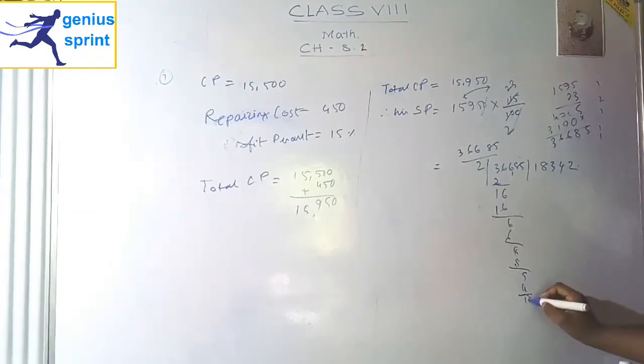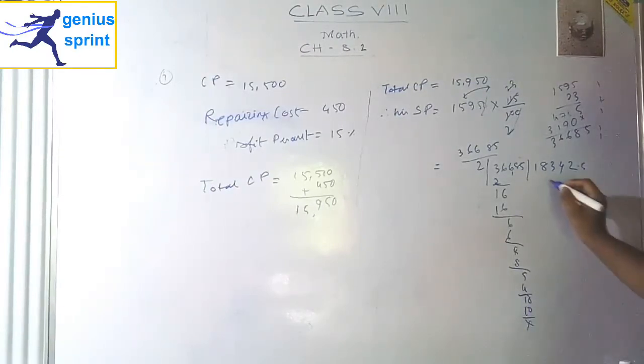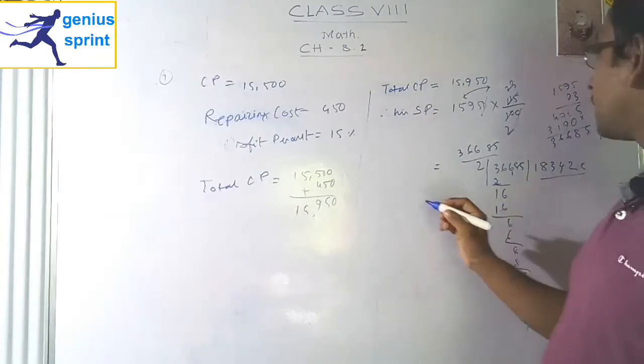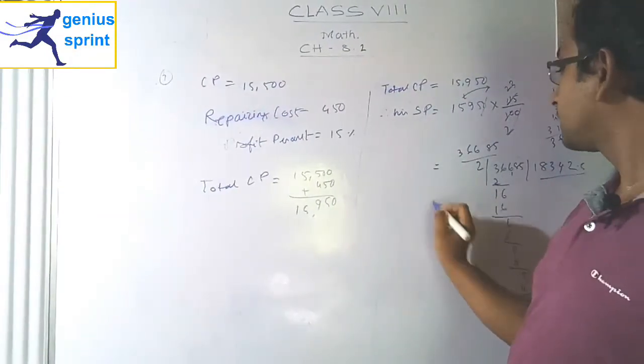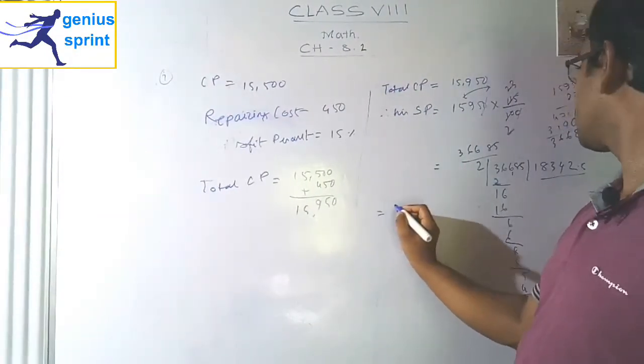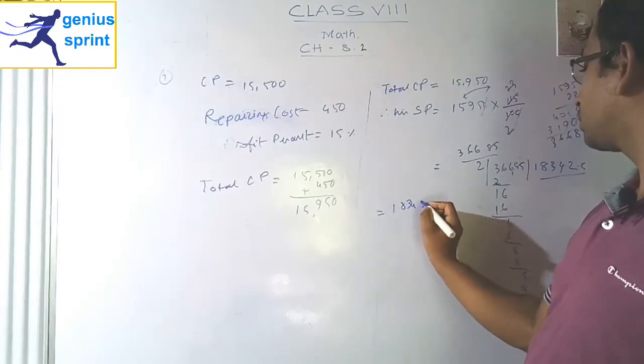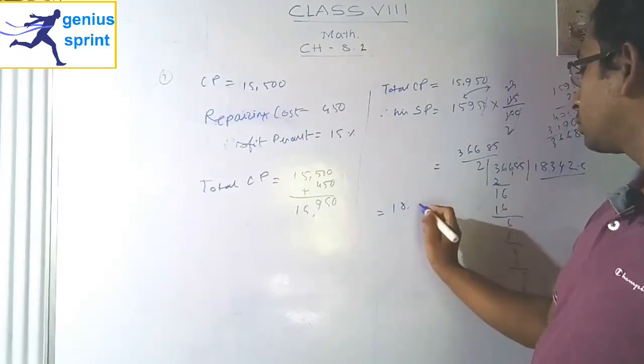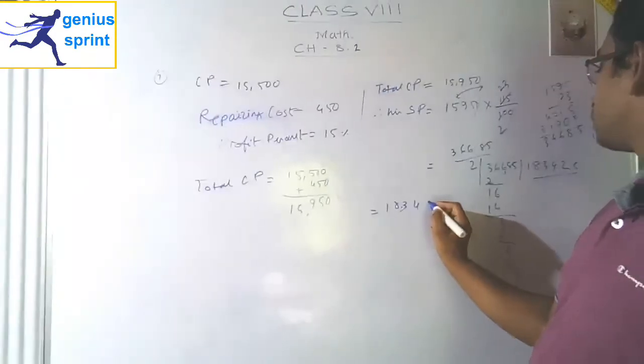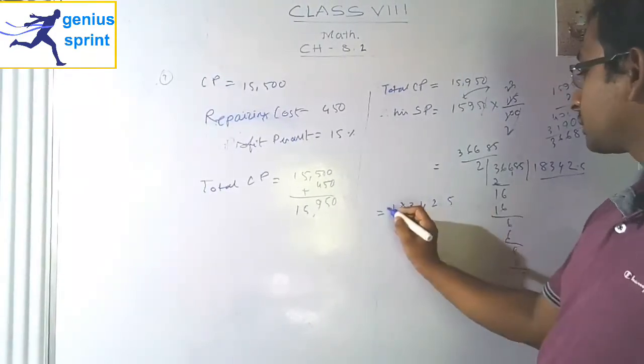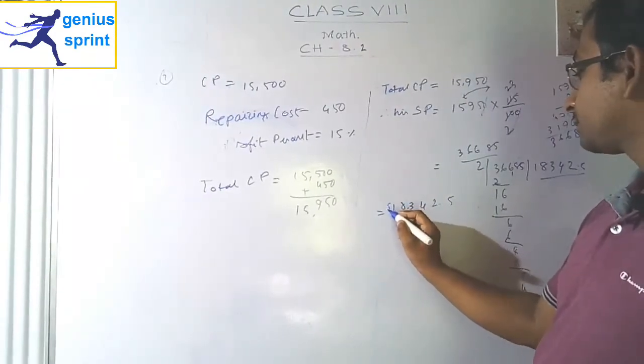So 0.5 is 10. So it should be his selling price. That means selling price is equal to 18,342.5 rupees.